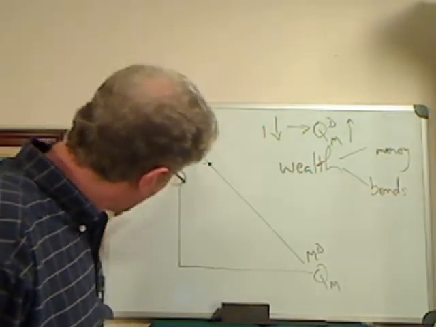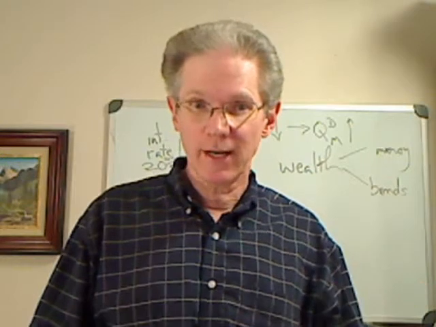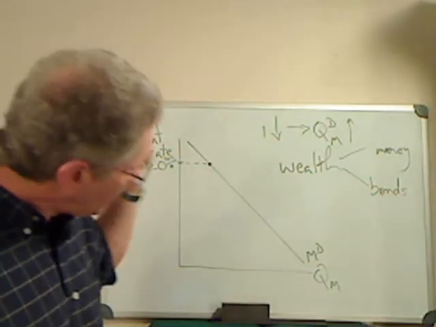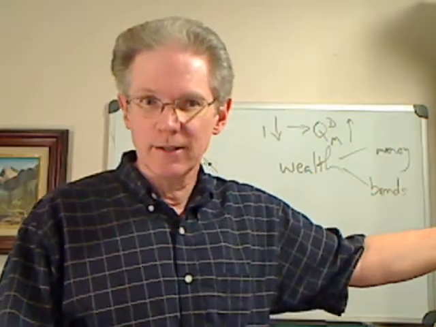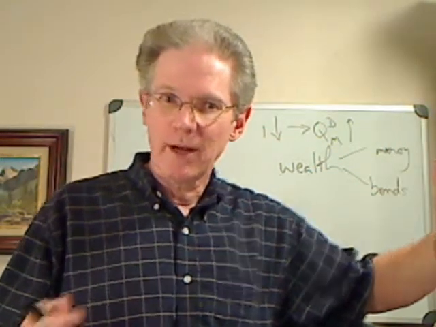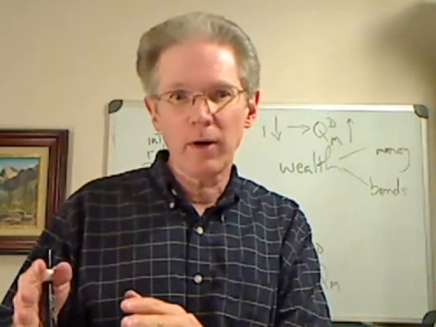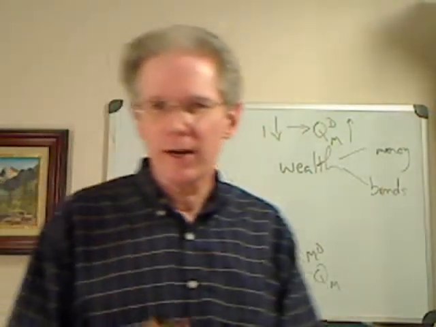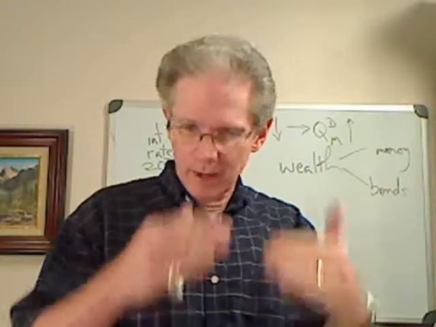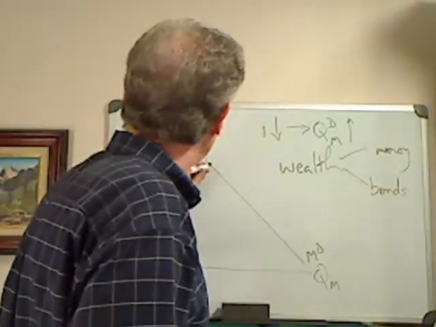If you can earn 20% interest by holding bonds, that looks very attractive. So you say, I want to hold a lot of my wealth in the form of bonds. But in order to do that, what do you have to do? How do you pay for those bonds? Well, the only way you can purchase more bonds is if you use up some of your money. You're going to have to reduce your money holding or keep your money holdings low if you want to hold a lot of bonds.